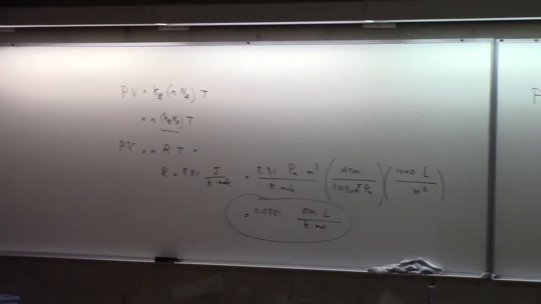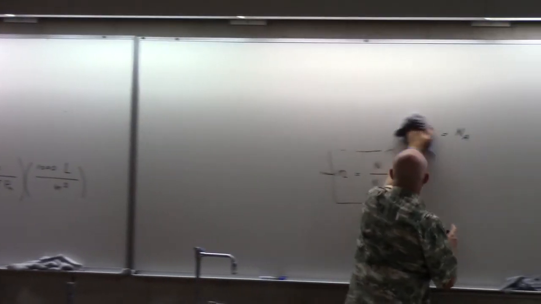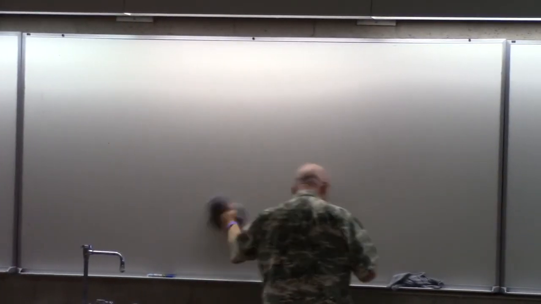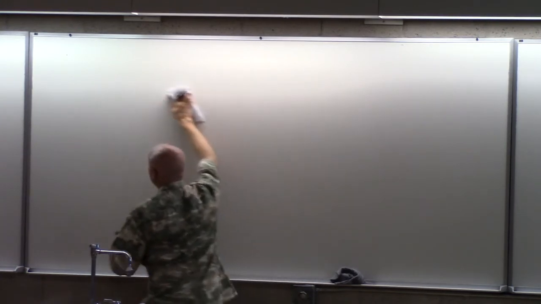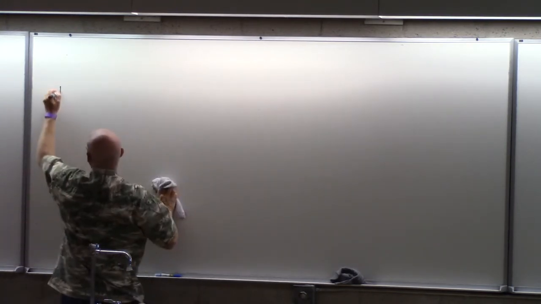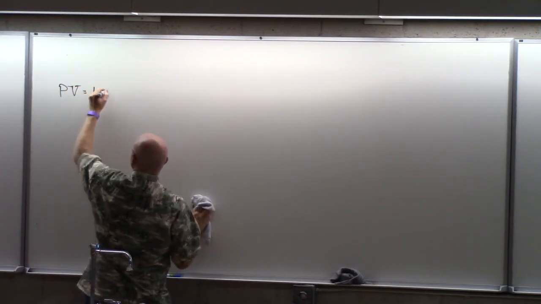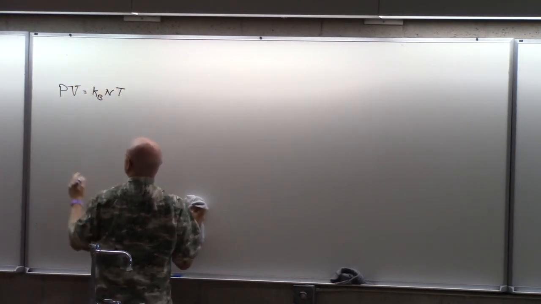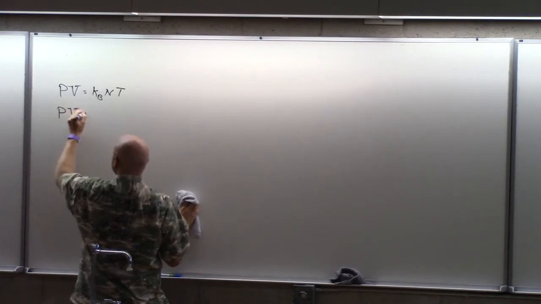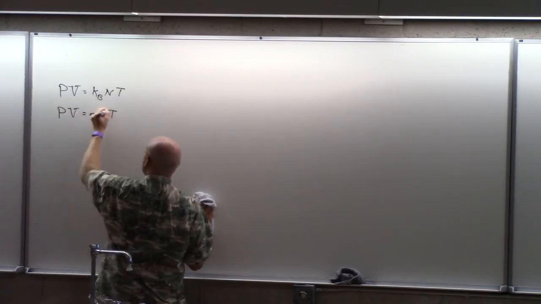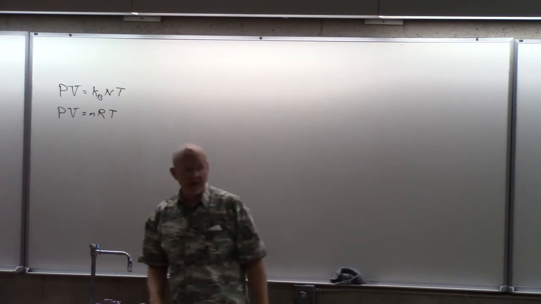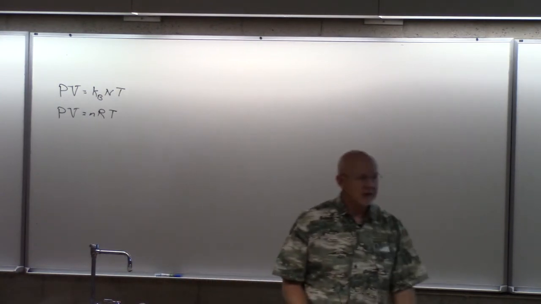that if we kind of think about the pattern here for our third and final piece of this chapter, is that we can use either one of these two equations. Either PV equals Boltzmann's constant times the number of atoms times T, or PV equals nRT. Those are really saying the same thing. That's what I'm trying to emphasize.